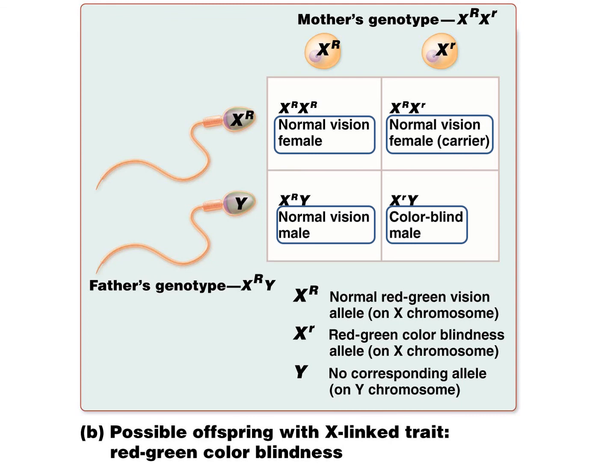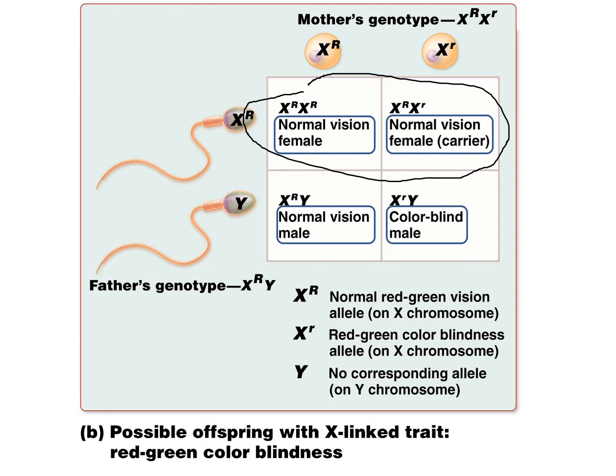So when you think about it, though, if they're only interested in whether they're colorblind or not colorblind, if they have a girl, the girl will have 100% chance of having normal vision. However, if they have a girl, it has a 50% chance of being a carrier. If they have a boy, they have a 50% chance of a boy having normal vision and 50% chance of a boy being colorblind.